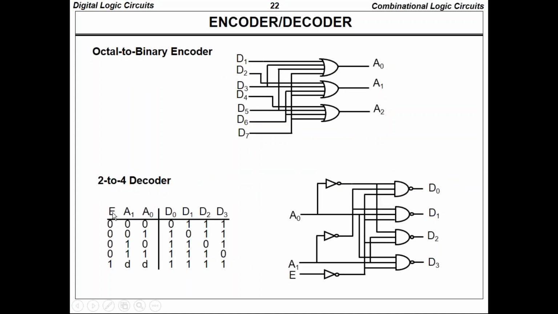So decoder, if you are seeing the truth table, 0, 0 means only the output D0 will be 0, and 0, 1 condition only the D1 will be 0, and 1, 0 condition the D2 will be 0, and 1, 1 condition D3 will be 0, and the remaining outputs are all 1.